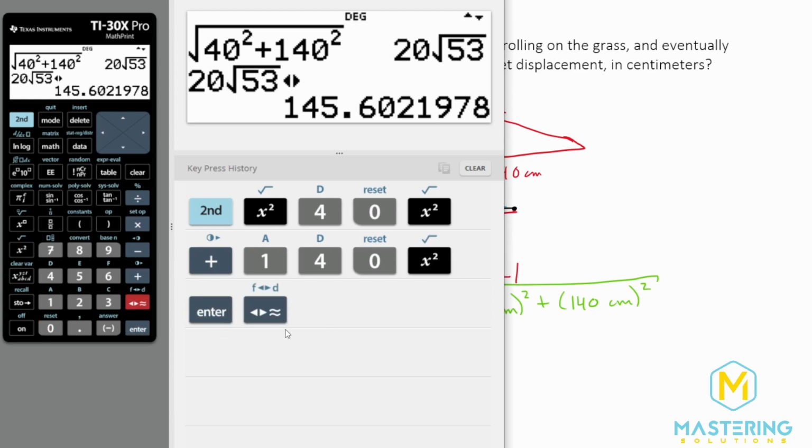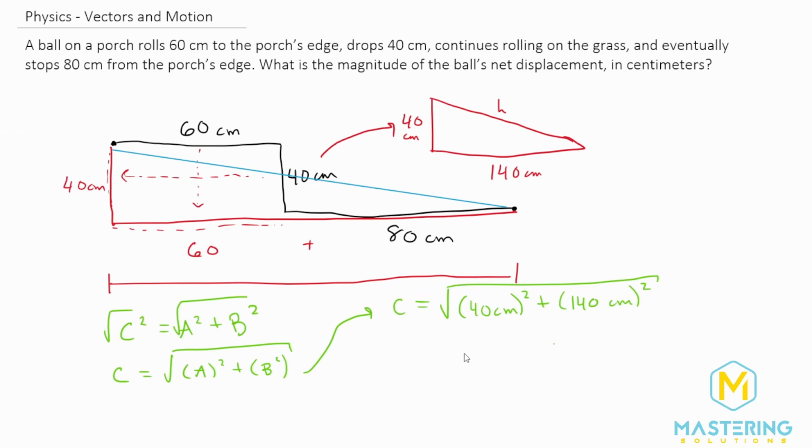And we have the total displacement is 145.6. So h for displacement is 145.6 centimeters, and rounded will be 150 centimeters.